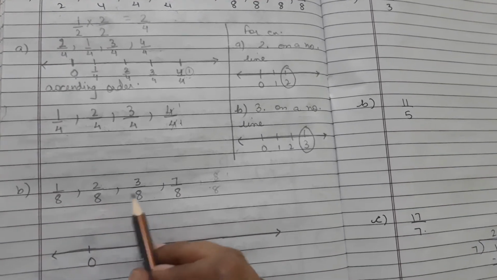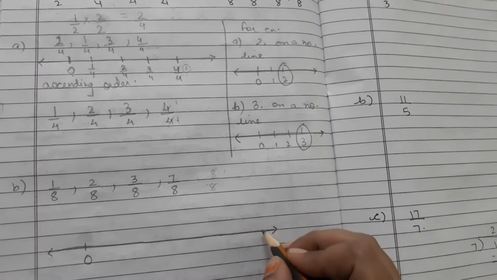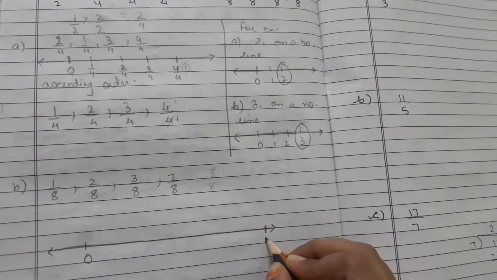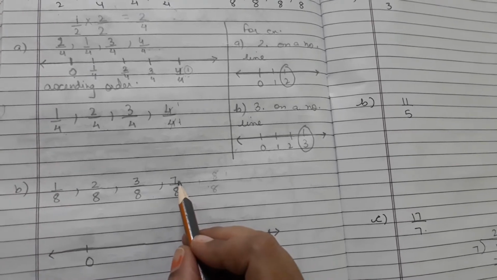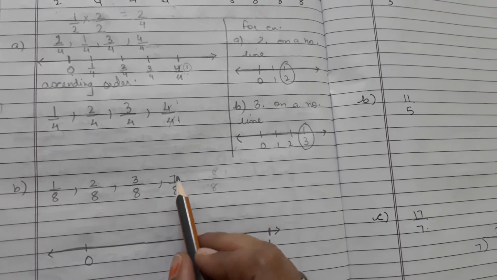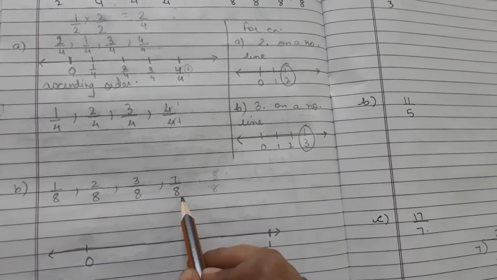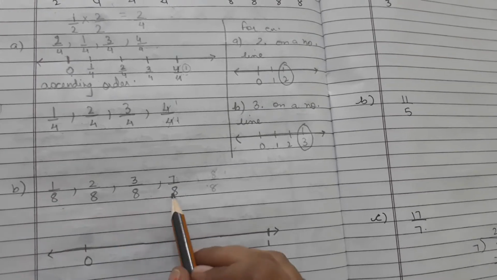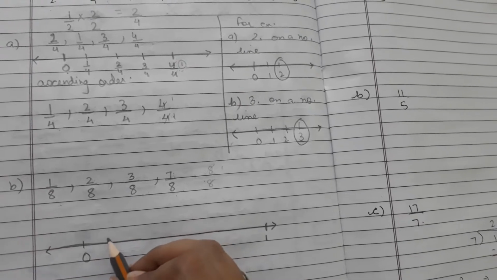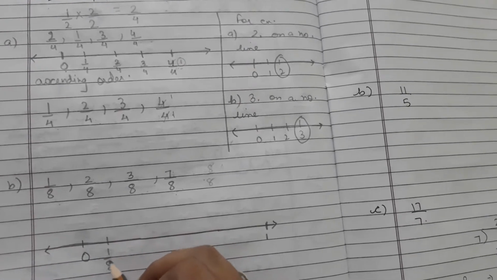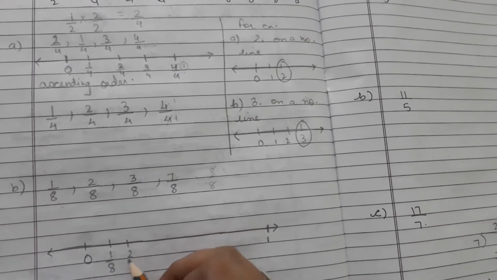And in how many parts do we have to break it? In 7 parts, because the greatest number here is 7 by 8. So we will start from 0, then 1 by 8, then 2 by 8.